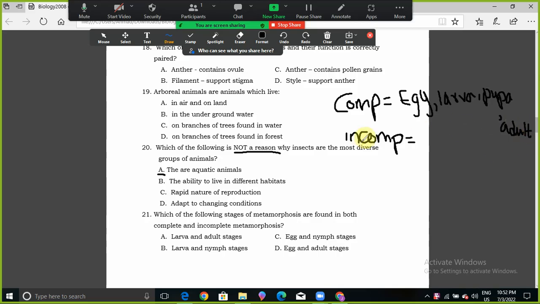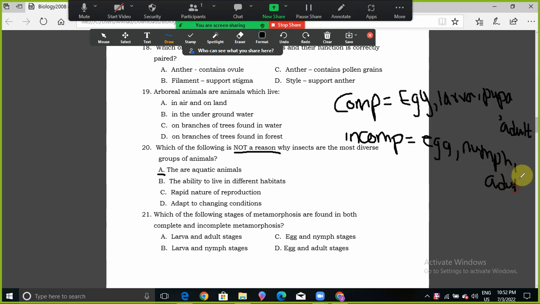But incomplete metamorphosis has egg, nymph, and adult only.